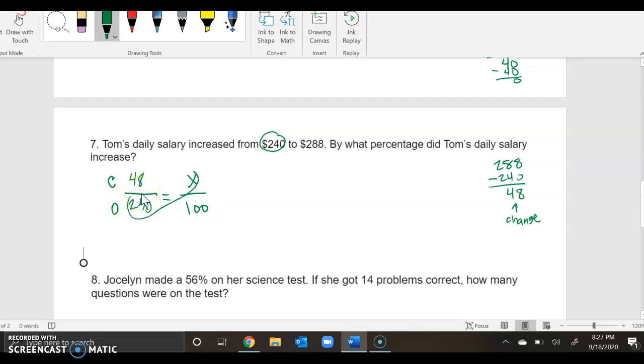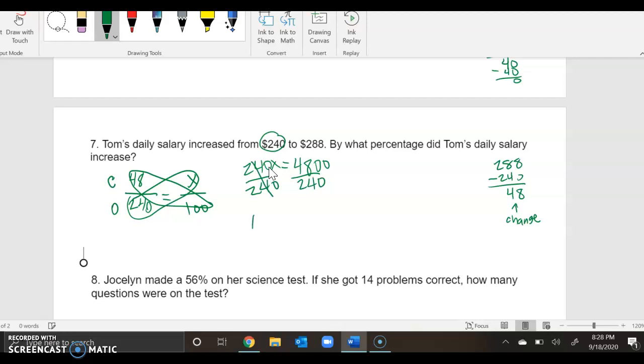So here now we can cross multiply. We'll have 240X. 48 times 100 is 4,800. We need to divide both sides by 240.